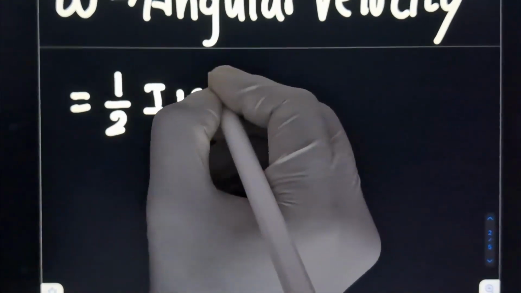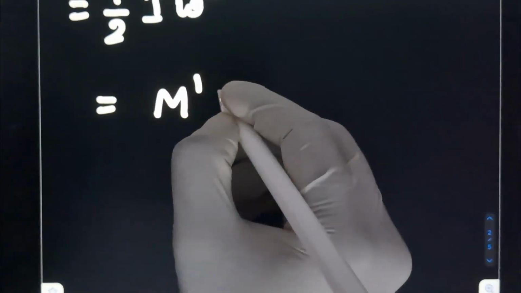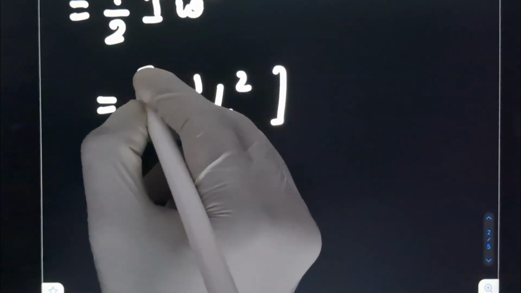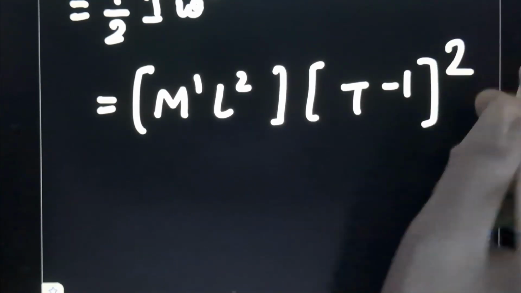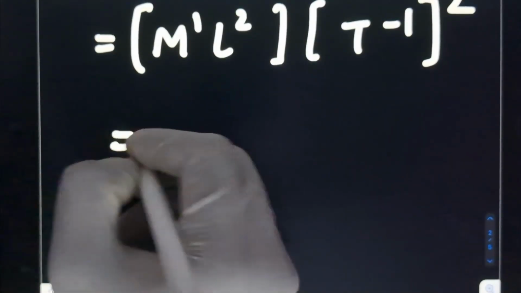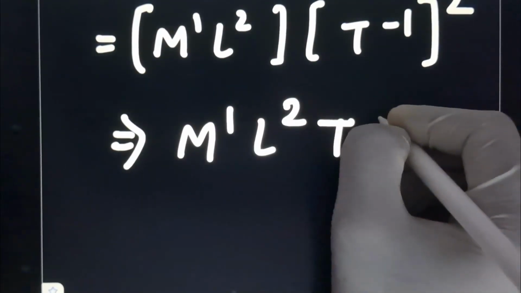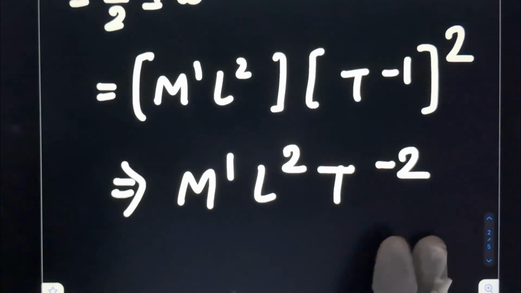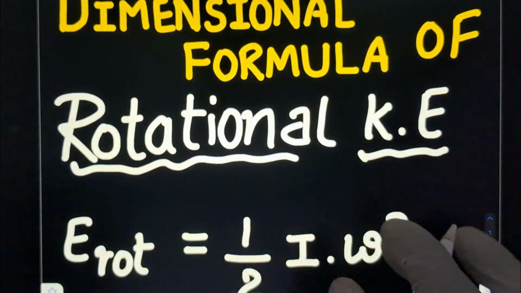The dimensional formula of moment of inertia is M^1 L^2, while the angular velocity is T^-1 and whole square as per the formula, and so we get M^1 L^2 T^-2. The dimensional formula of rotational kinetic energy is M^1 L^2 T^-2.